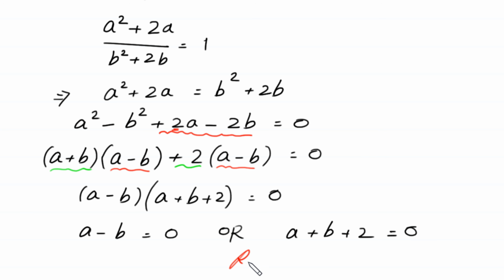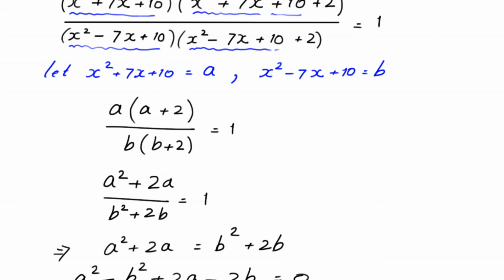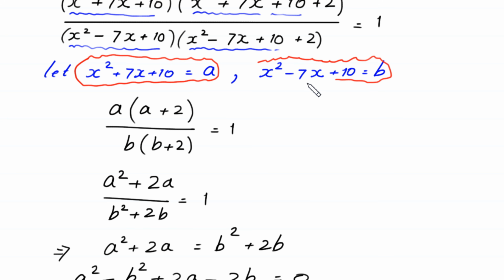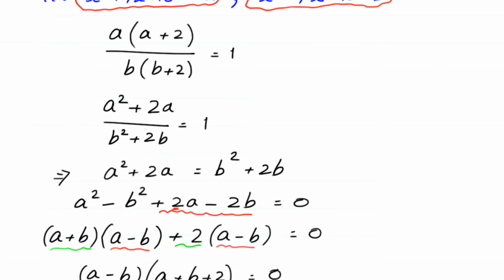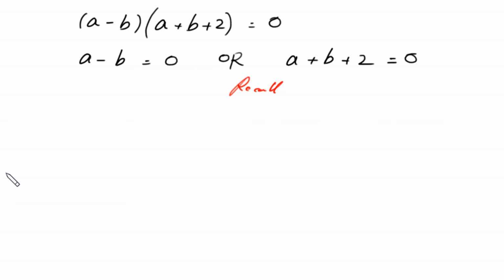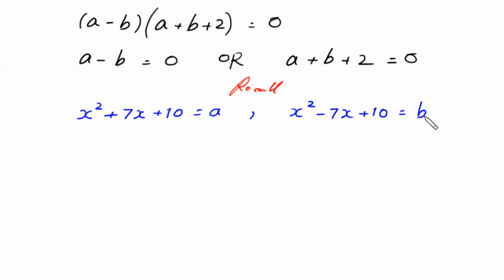Now recall that we have supposed that x squared plus 7x plus 10 is equal to a, and x squared minus 7x plus 10 is equal to b.